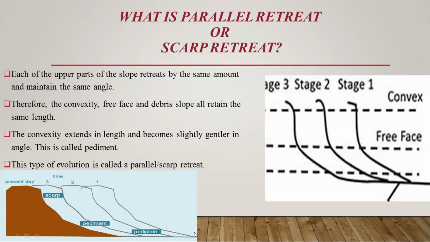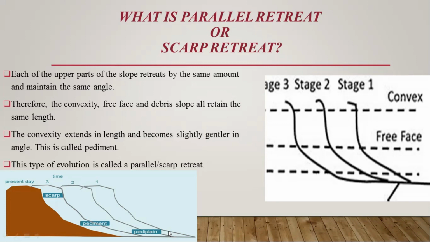At first, the pediment was only this part. Now the pediment has been extended to this part. Next, the pediment is extended to this part. So over here what we are seeing is that a lot of pediments are joining together, and ultimately we see a long concave region.